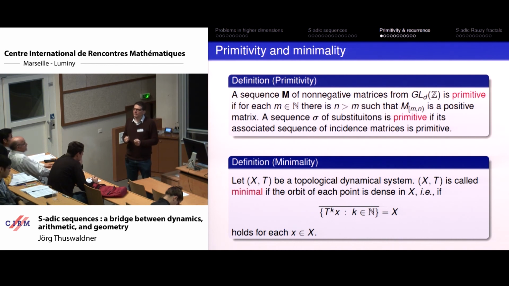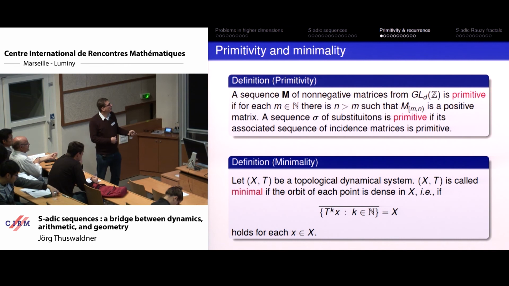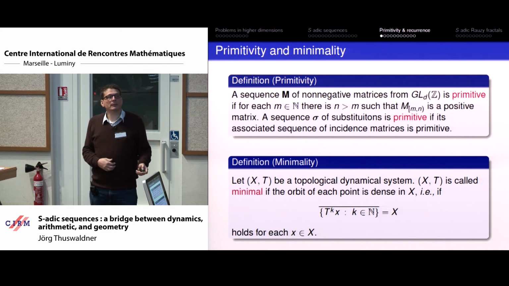This is important because it entails that the underlying S-adic system is minimal, and I gave you the definition of minimality here for convenience. A dynamical system is minimal if for each point in the system the orbit is dense. Okay? Minimal system means the orbit is dense everywhere.